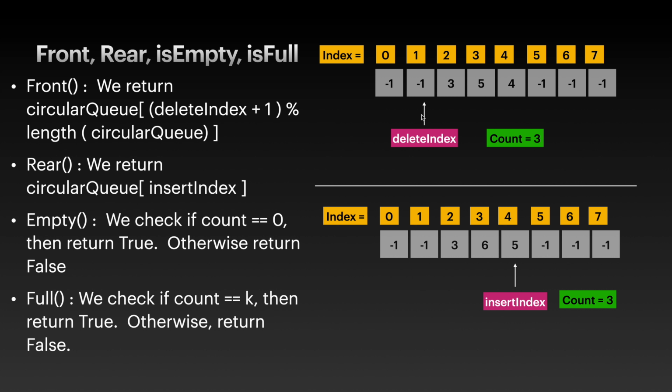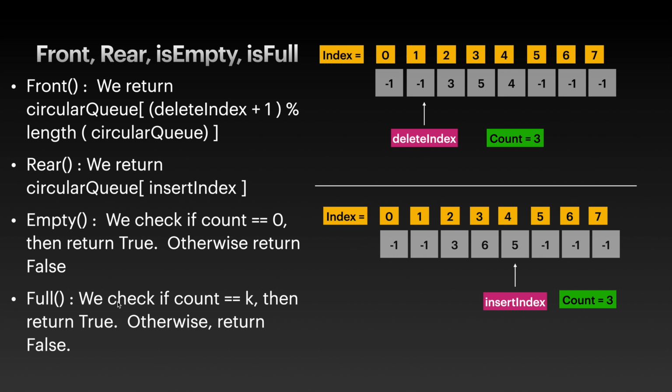Because delete index is the index position that we just dequeued, the next element will still not be equal to -1. And the rear method will return the last element, so we will be using insert index in this case. We simply return circular queue at insert index.